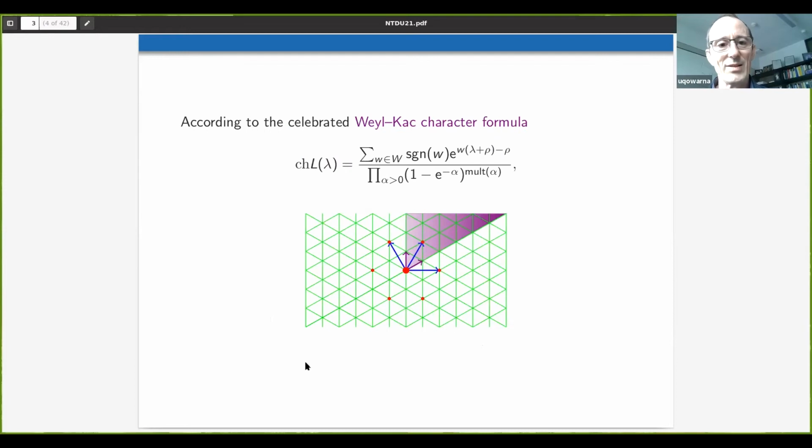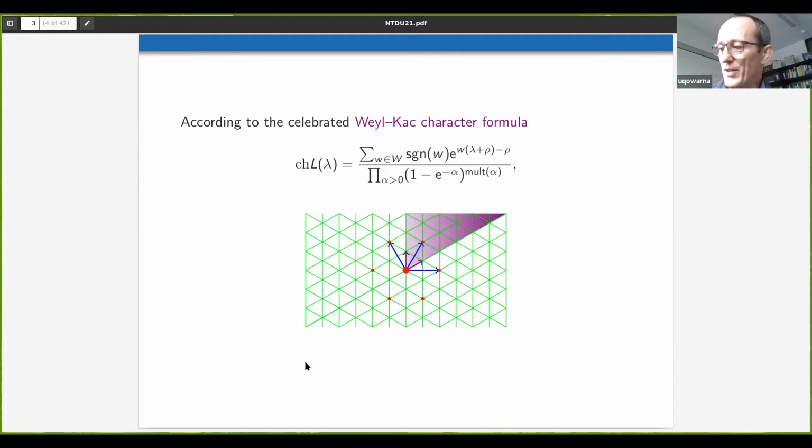There is a well-known formula. You can actually compute the characters of these representations using a formula due, in the affine case, to Victor Kac, and in the classical case to Weyl, which is now known as the Weyl-Kac character formula.